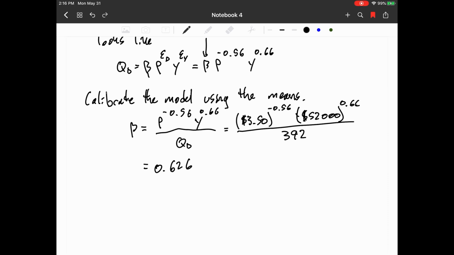So that means our demand equation is QD equals 0.626 times price raised to the 0.56 times income raised to the power of 0.66.